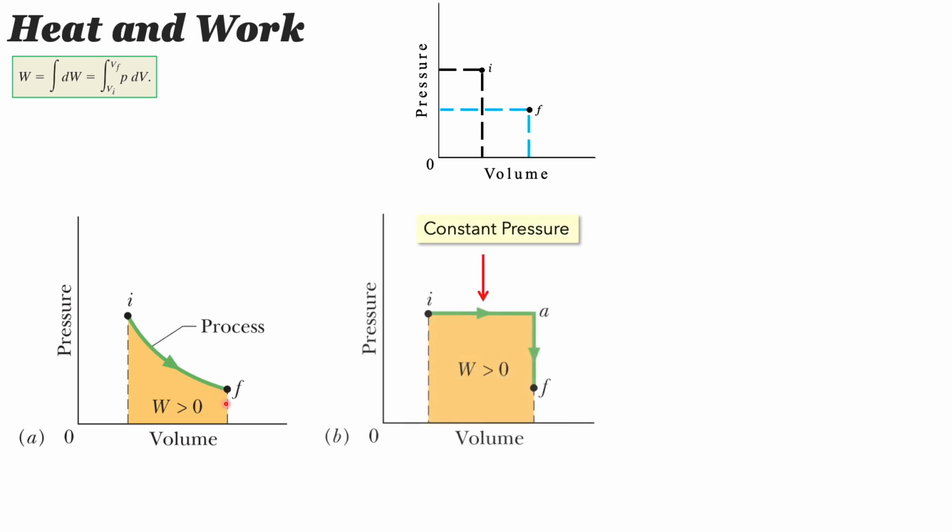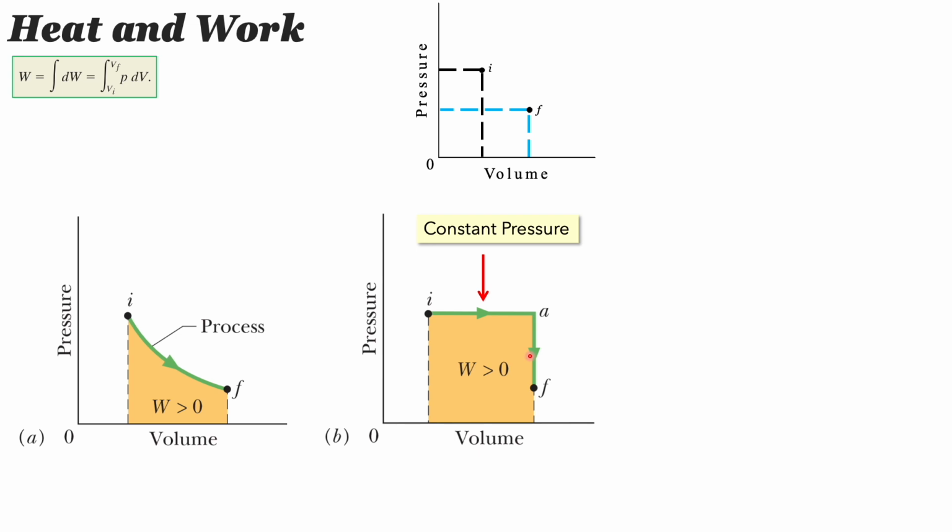Now, let us see another one, the one that we saw in our second example. The initial state was moved to an intermediate state, and from the intermediate state we went to a final state. During the straight line the pressure was kept constant, and for the second part the volume remained constant.